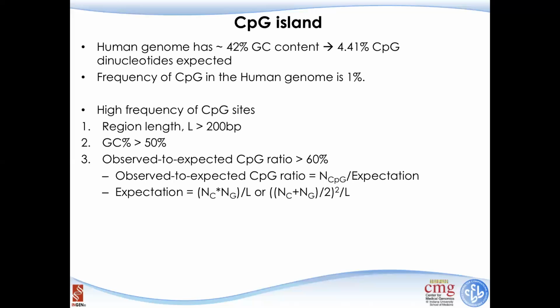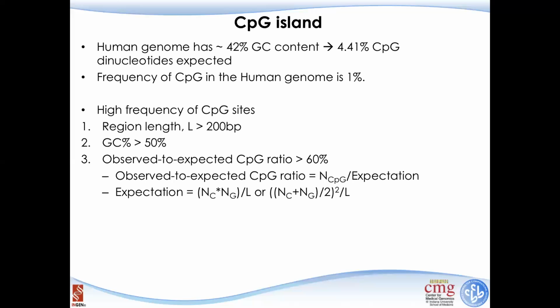You don't need to know this formula here, but just understand that if we have one area that is all CpG, can we say it is a CpG island? Maybe not, because the observed to expected CpG ratio may not be high enough.